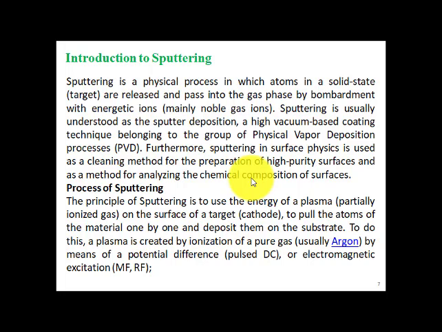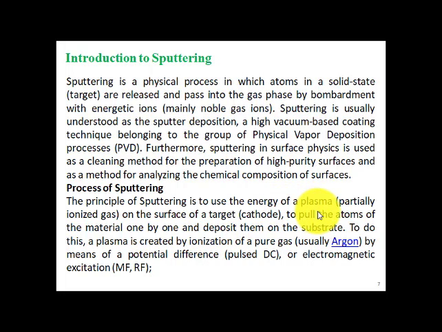So what about the process of sputtering? The principle of sputtering is to use the energy of a plasma. Here we use the words mainly noble gas ions. These noble gas ions are actually in the form of plasma.